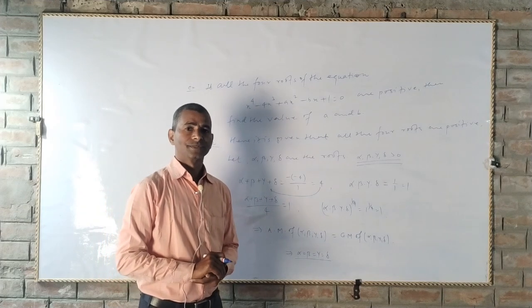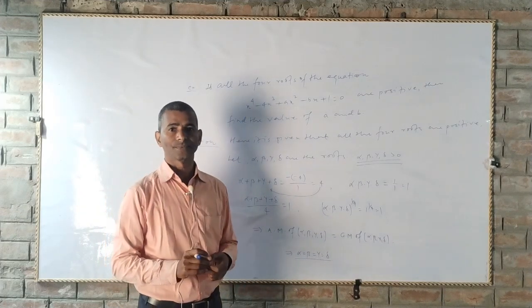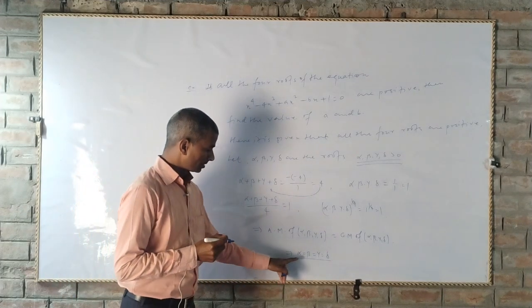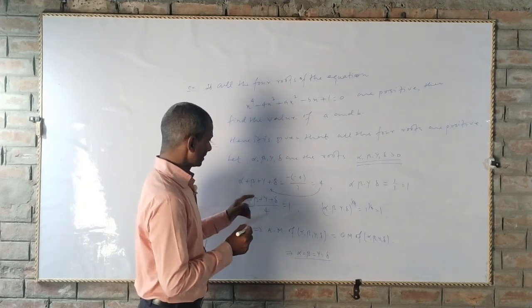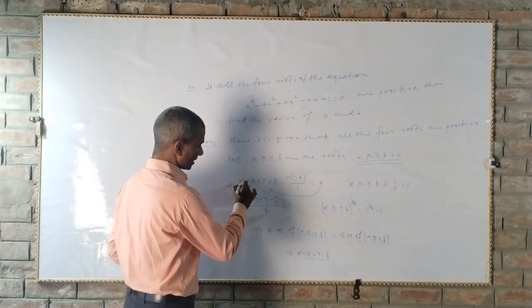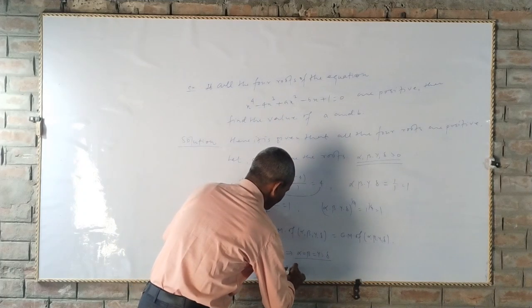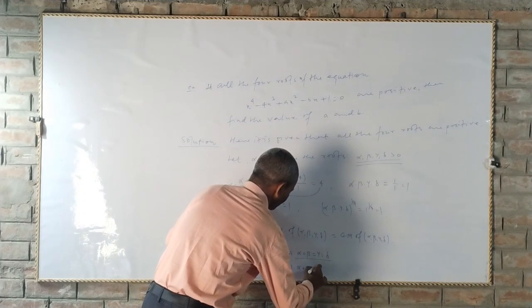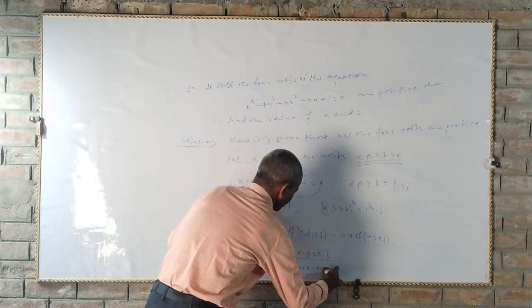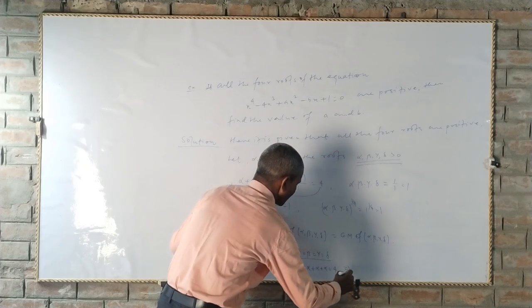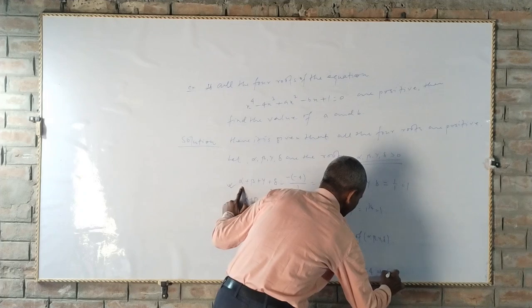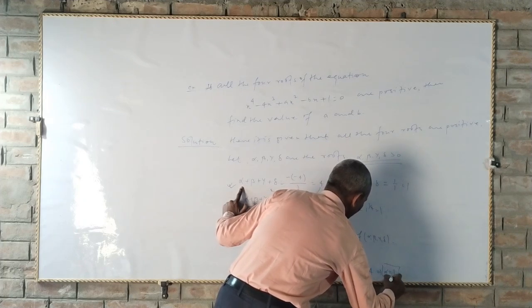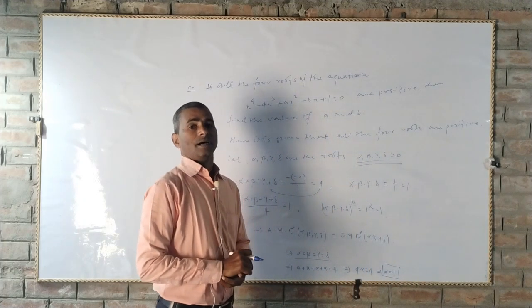Now if alpha is equal to beta is equal to gamma is equal to delta, then by this equation we can write alpha plus alpha plus alpha plus alpha is equal to 4, which implies 4 times alpha is equal to 4, and this implies alpha is equal to 1. It means all the four roots are 1.